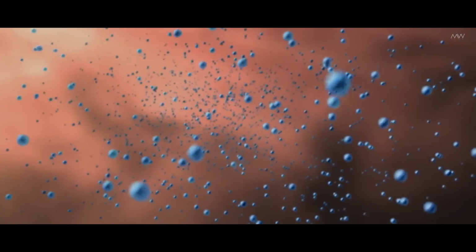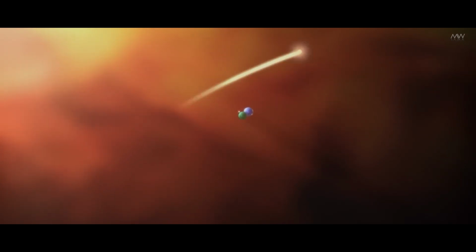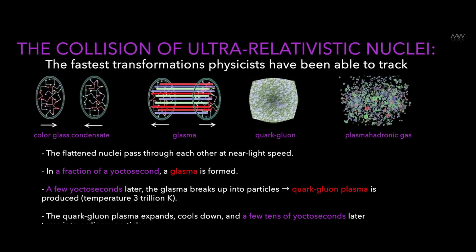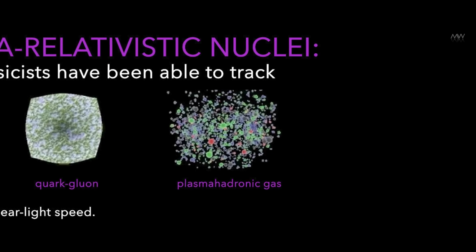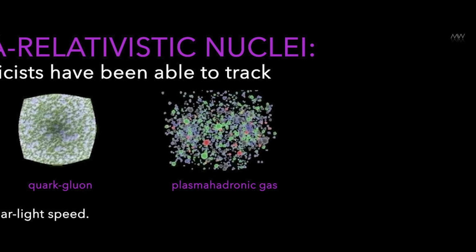This is the stuff, of course, that cools down quickly, because everything expands, and after a few tens of yoctoseconds, quarks, antiquarks, and gluons can no longer exist independently. They start to clump into separate particles, protons, antiprotons, something else. And then this gas of particles, which is called hadronic gas, it flies apart.